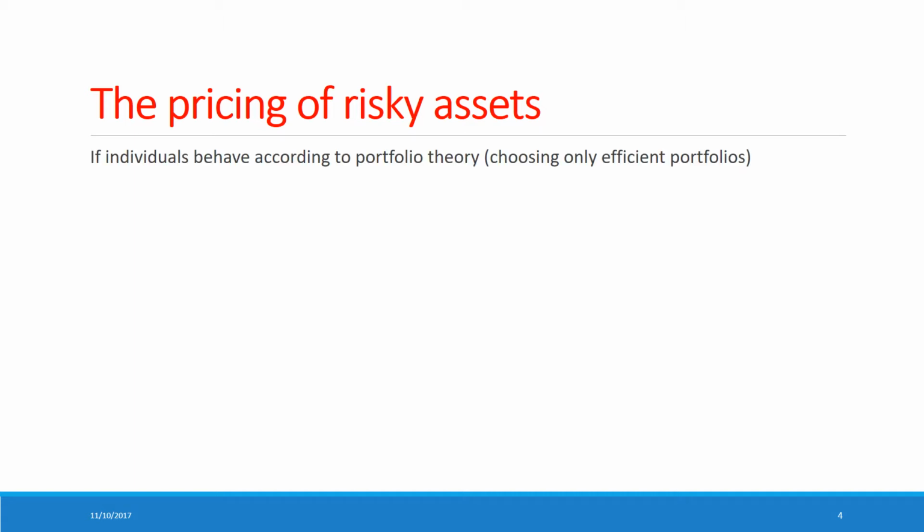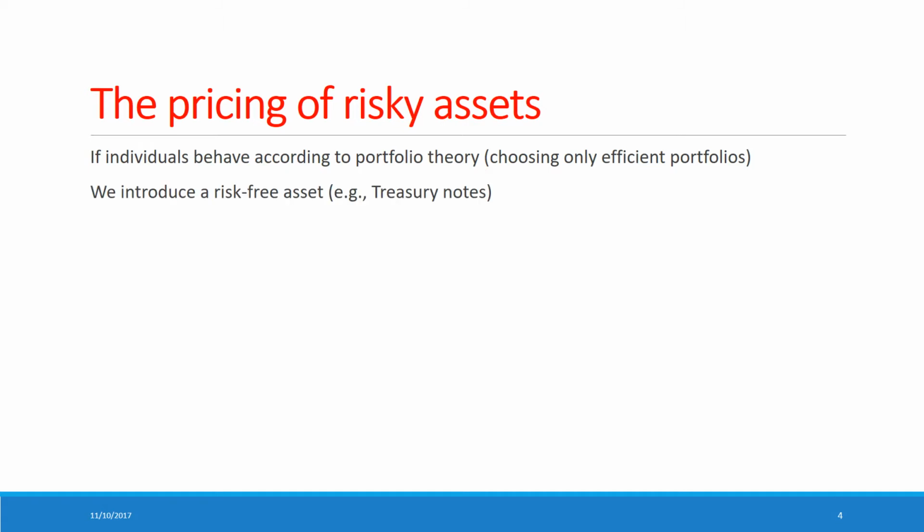So asset pricing models are models that try to work out the prices of assets or the adequate returns of assets, if we assume that investors behave in a certain way. In most traditional asset pricing models, we assume that investors behave according to portfolio theory. So they are risk-averse investors who want to maximize returns at one given level of risk, or vice versa, minimizing risk given a level of return.